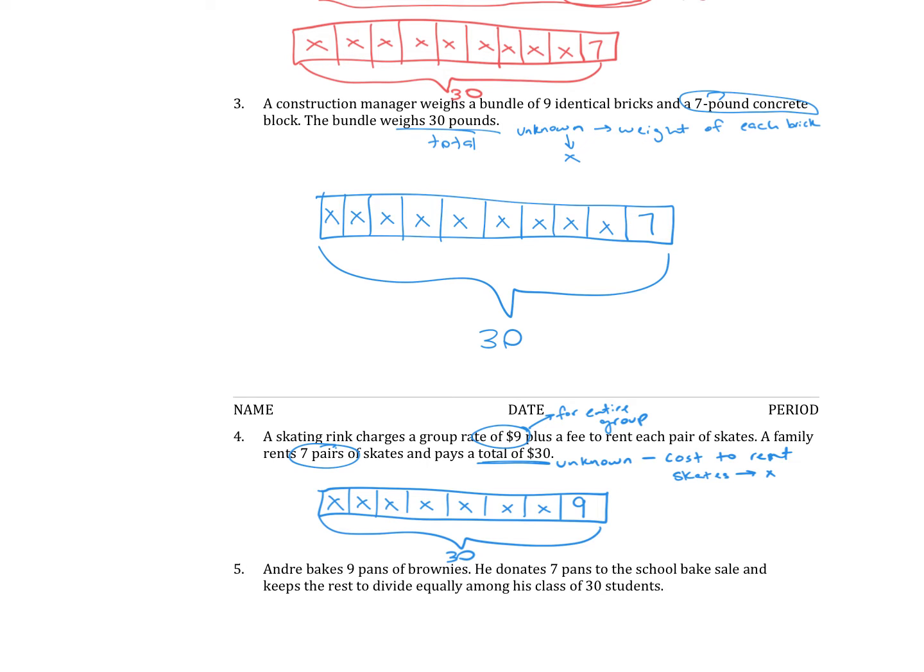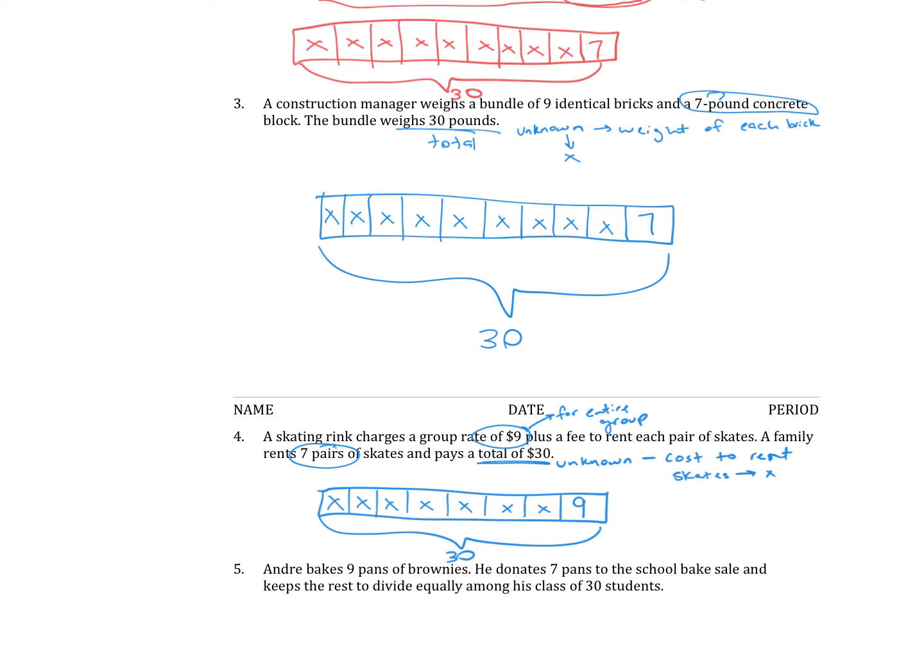So although there are some unknowns, they still have a relationship to one or more of the other amounts in the story. So in question 3, we had an unknown of the weight of each brick, but it was connected to the 9 because there were 9 of them. In question 4, we didn't know the cost per skate, but it was connected to 7 because we know there were 7 pairs of them.